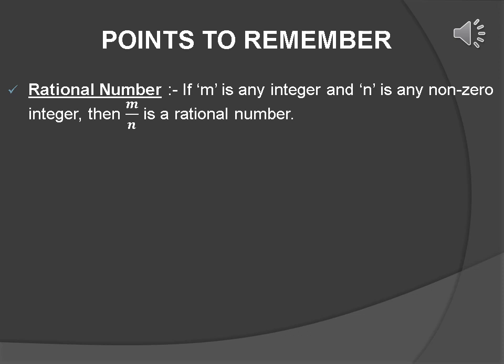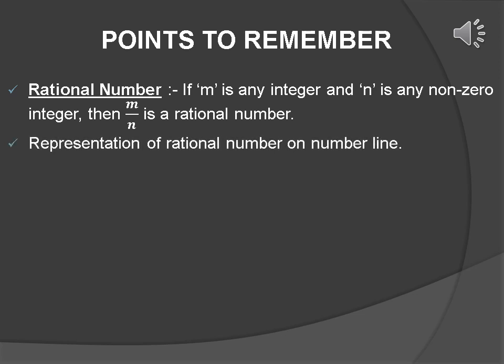We have also seen that there are infinite rational numbers between any two rational numbers. Then we have studied how to show the rational number on a number line. Then we have studied the comparison of rational numbers, where we have learned 3 rules which are useful for the comparison of rational numbers.